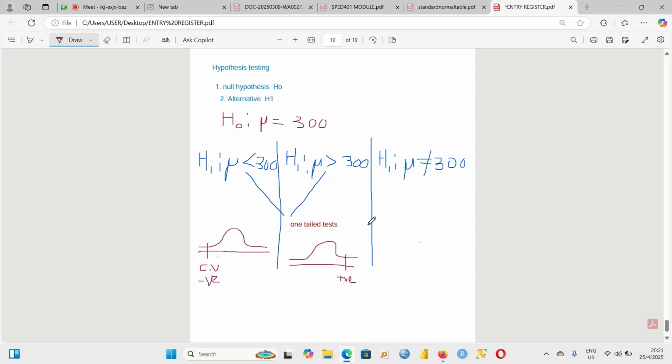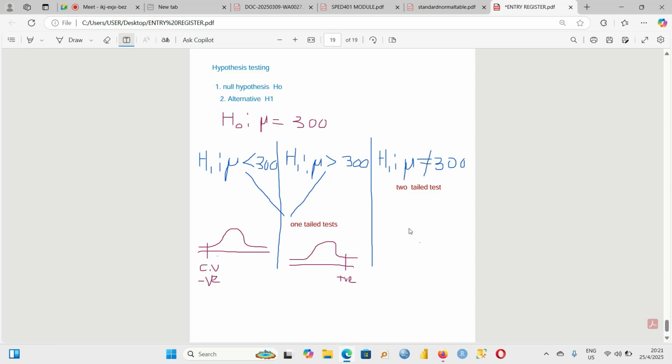Then we have this last one, called the two-tailed test. What is a two-tailed test? It's a non-directional test which tests for a change. It has no direction.